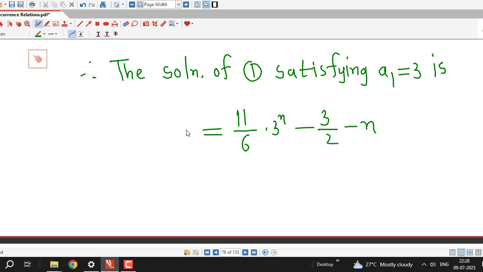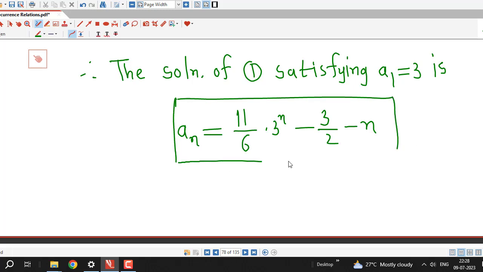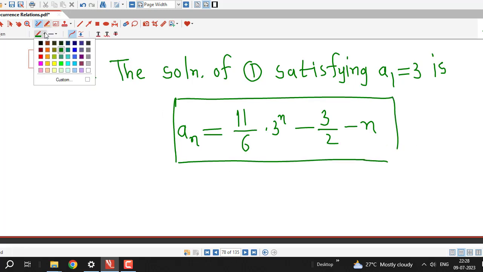And this is the solution satisfying the given recurrence relation as well as the given initial condition. We can cross verify our answer.